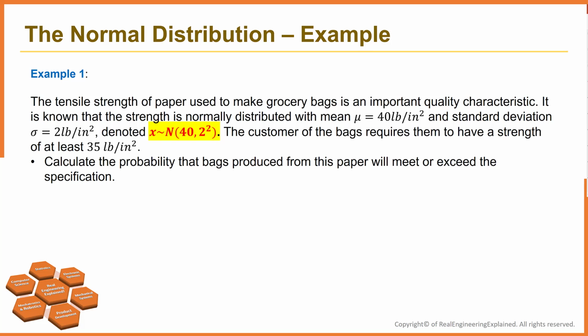The customer of bags requires them to have a strength of at least 35 pounds per square inch. So we need to calculate the probability that bags produced from this paper will meet or exceed the specification.